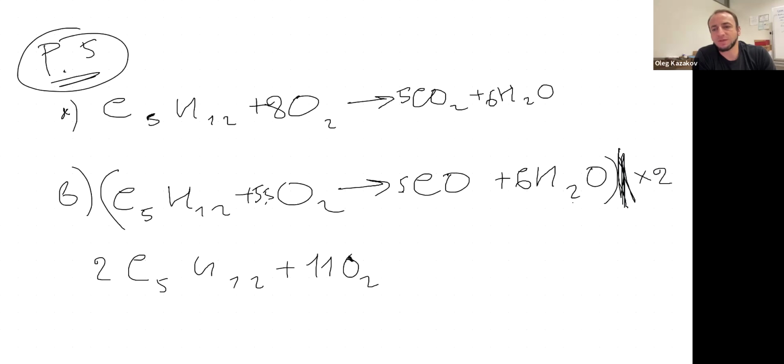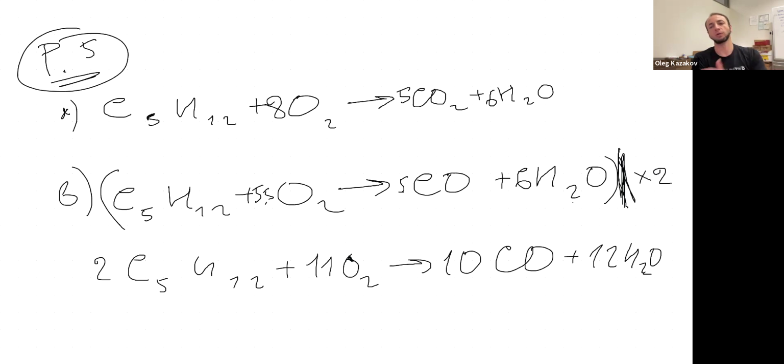Then 5 multiplied by 2 becomes 10 CO, and 6 by 2, 12 H2O. So then, here you go. You burnt it. These are the minimal possible coefficients that are still whole numbers, by our agreement.